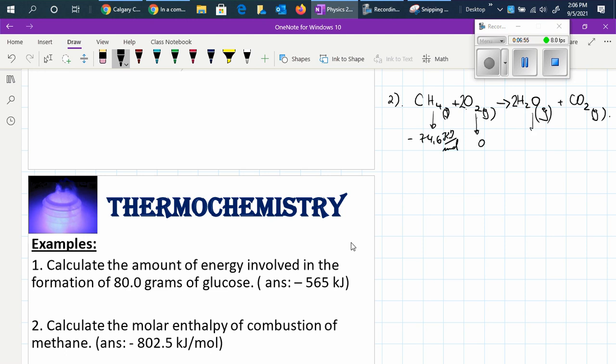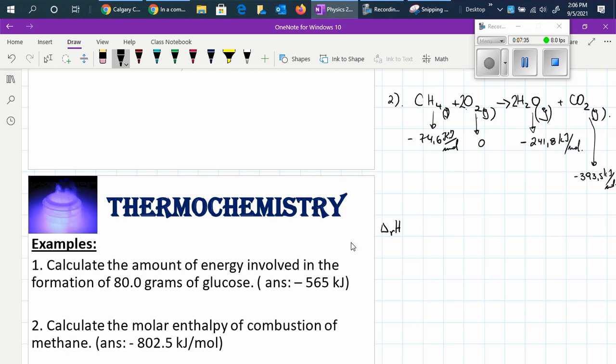And then for water gas, we go to the line where it says water vapor, which has a standard molar enthalpy of formation of negative 241.8 kilojoules per mole, and carbon dioxide is negative 393.5 kilojoules per mole.